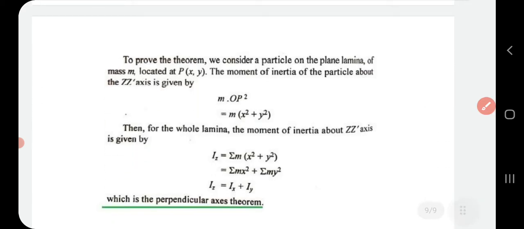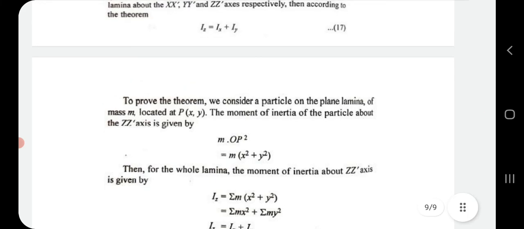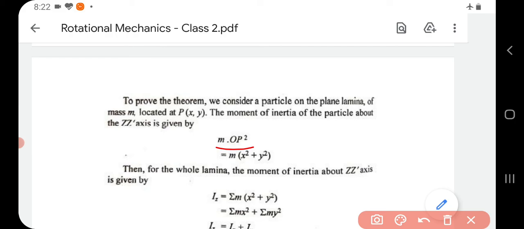Now to prove this, just consider as before a particle on the plane lamina of mass m which is located at a point P. Then moment of inertia of the particle about z dash is given by m OP square. m is the mass of the point mass and OP is the distance of that point mass from the center. So it is OP square, which is nothing but, as per the figure, x square plus y square.